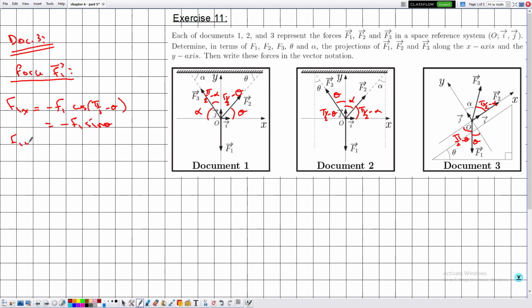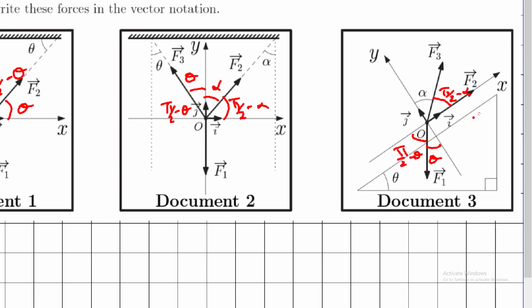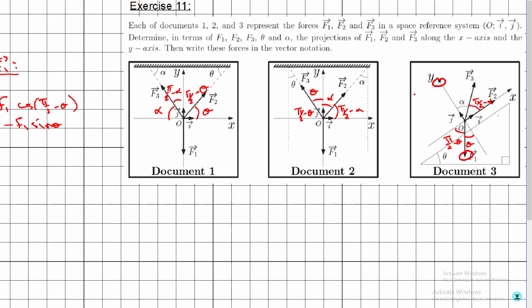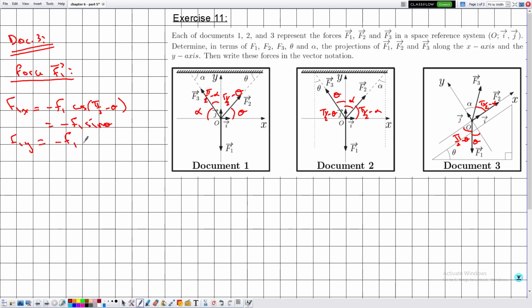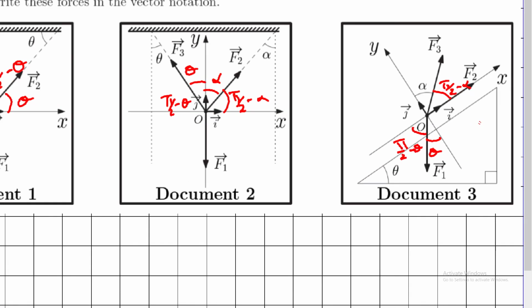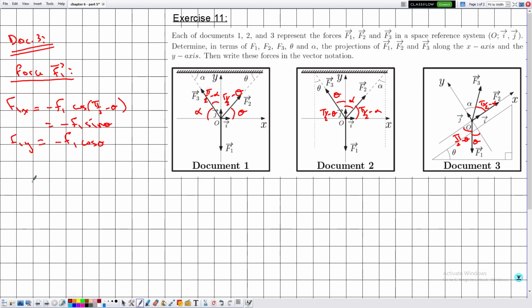As for F1y, F1 is pointing in the negative direction of the y-axis, so it's minus F1 multiplied by the cosine of the angle between the y-axis and F1, which is theta. Now for the vector notation, F1 is given by F1x i plus F1y j, which is equal to minus F1 sine theta i minus F1 cosine theta j.